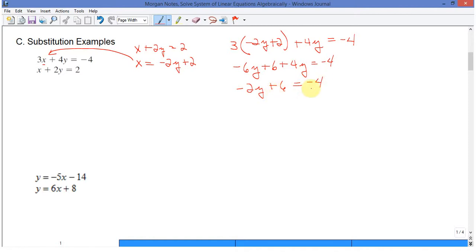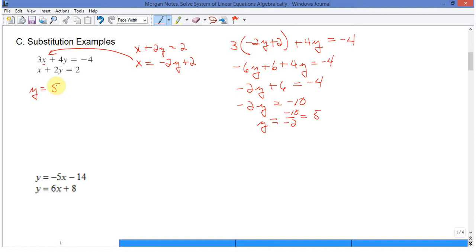Subtracting this 6 from both sides, I get negative 2y is equal to negative 10. Dividing both sides by negative 2, I get y is equal to negative 10 over negative 2, which is equal to 5. So I found my value of y.